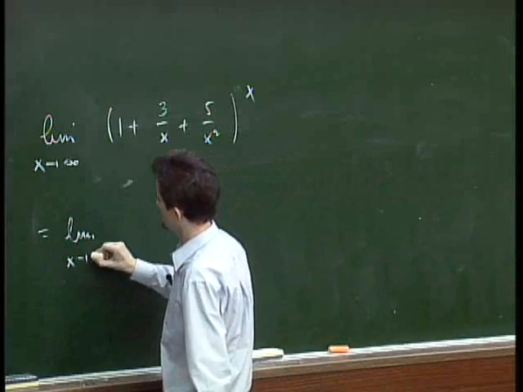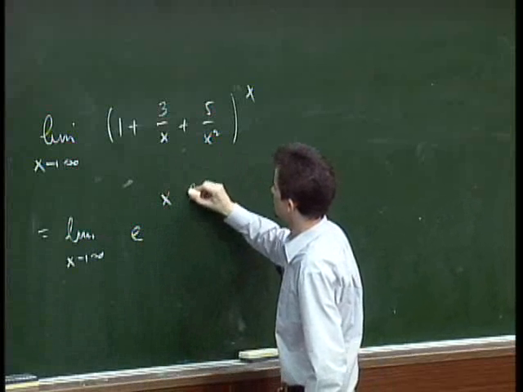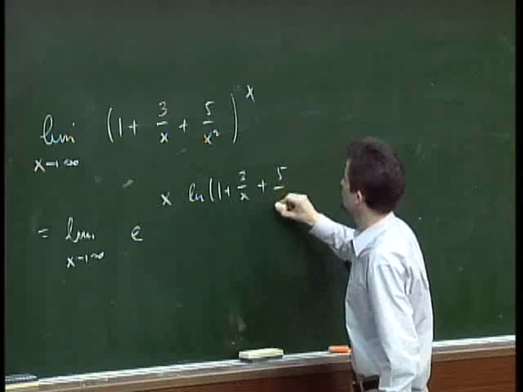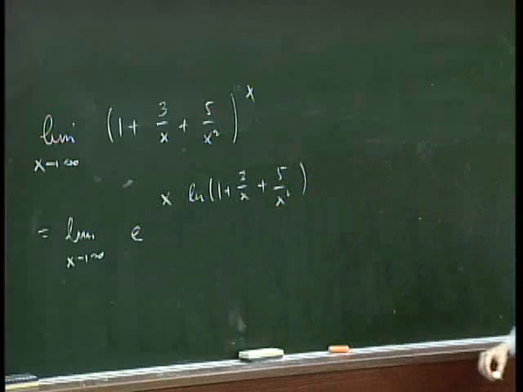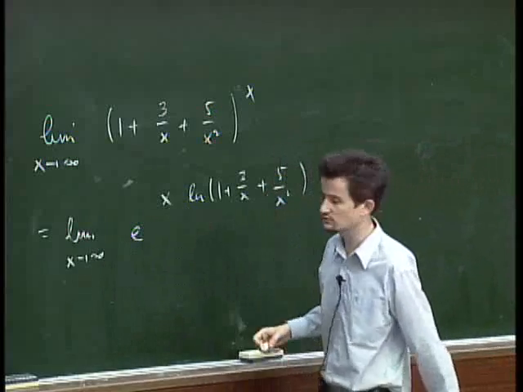as the limit as x tends to infinity of e to the x times ln(1 + 3/x + 5/x^2). Now we can write the limit into the exponent because of continuity.